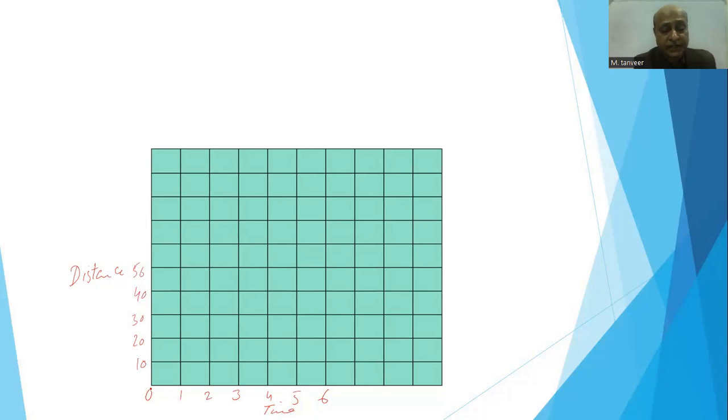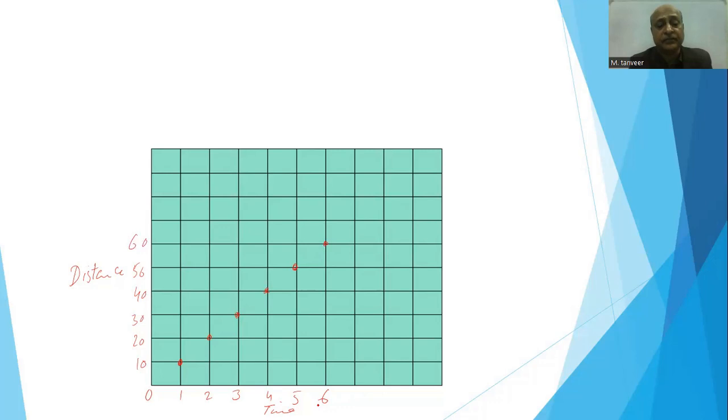For 0 second, distance is 0. For 1 second, distance traveled is 10. So this is the point. For 2 seconds, distance traveled is 20. For 3 seconds, distance traveled is 30. For 4 seconds, distance traveled is 40. In 5th second, car has covered a distance of 50 meter. And in 6 seconds, car has traveled a distance of 60 meter.